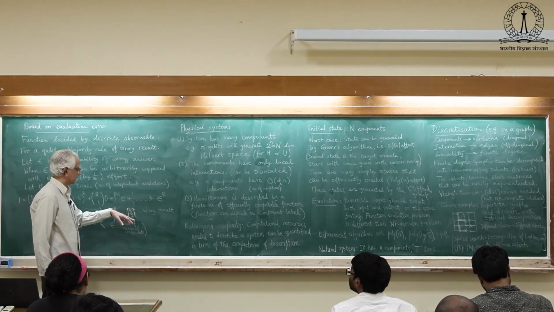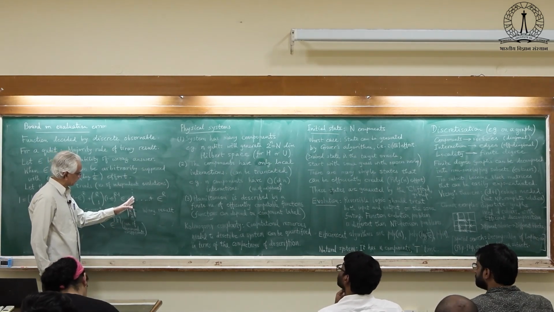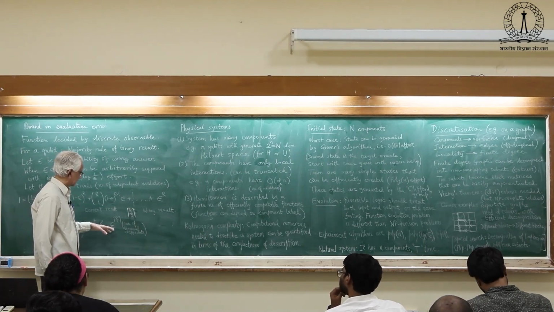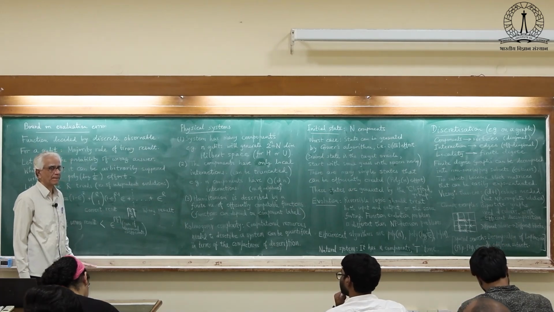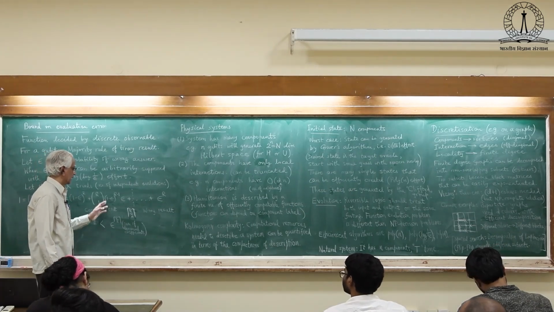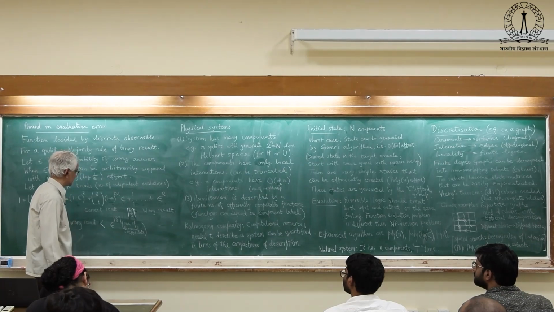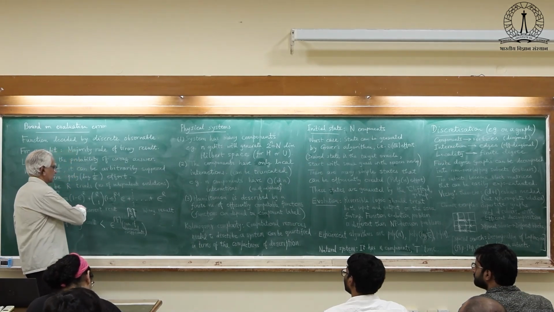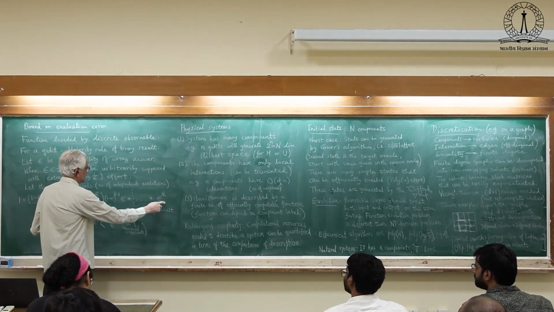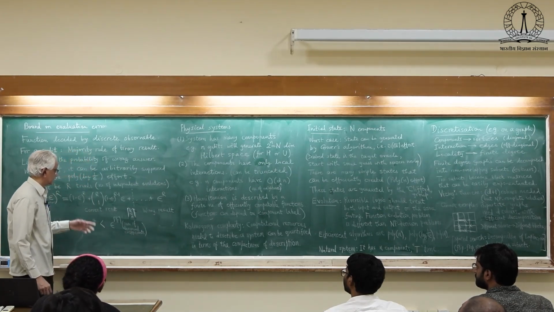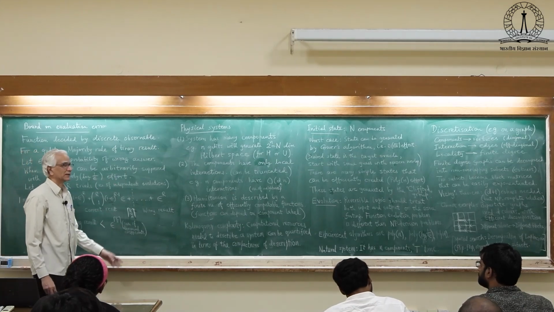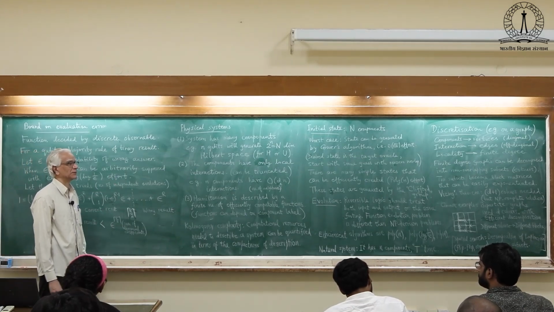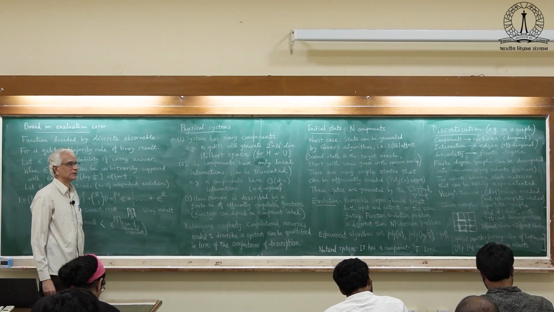I just simplified my work by factoring out this power of epsilon, so that I can sum the binomial coefficients very easily. I know the answer for the sum of the binomial coefficients, because the sum of all the binomial coefficients from here to there is 2 to the power r. Cutting it halfway through, that is going to be 2 to the power r minus 1.